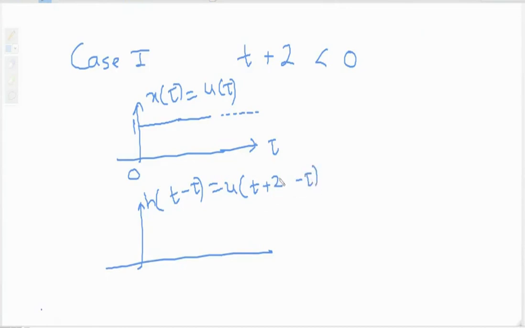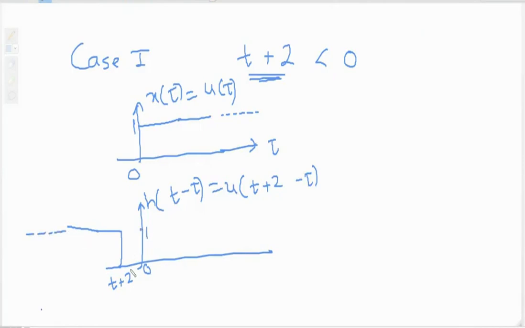Now I have considered that t plus 2 is less than 0. Minus tau means folding. So the signal will start from some negative side, t plus 2. This is the origin. The signal will start from some negative value and go towards the left hand side because of folding.